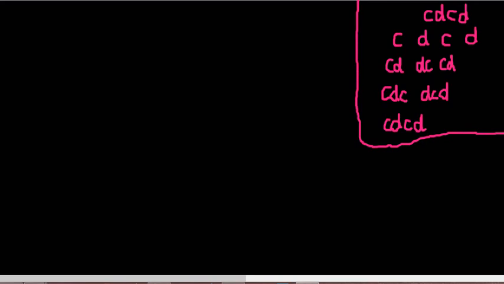So now you can see that we are getting strings. What we can do is create a map, and let me create the map in this corner. So let's call this a map. We can store the distinct values here.